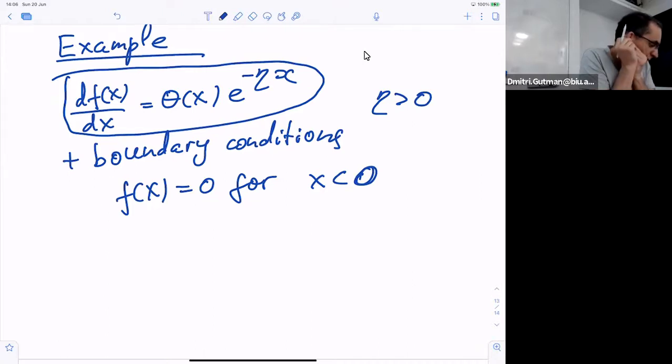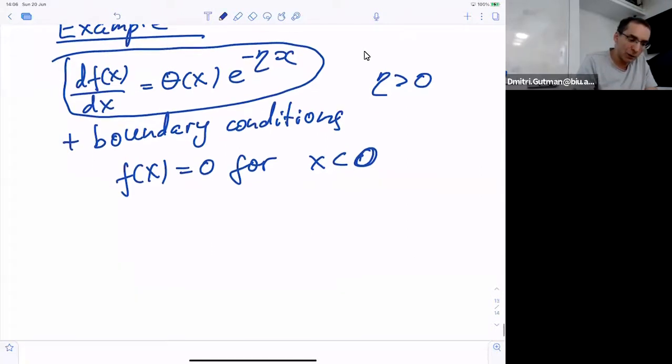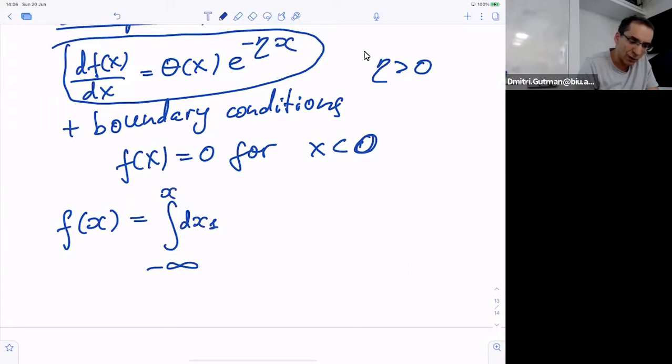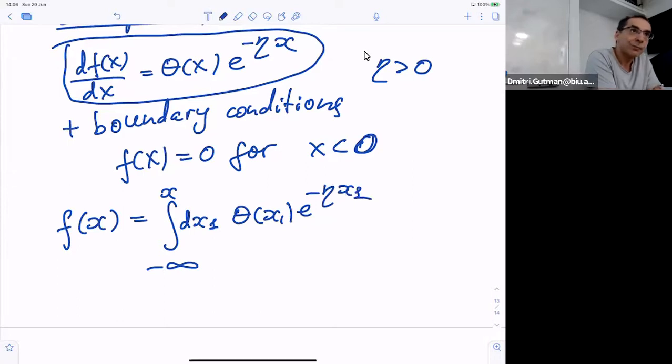Of course, the easiest way to solve this equation is just to solve it directly, because this equation is very simple. I chose it on purpose. So what is the solution that we normally do? We would say that f of x is an integral over dx1 from minus infinity to x of the thing that stays on the right-hand side of this equation, namely theta of x1 e to the minus eta x1. That's immediately the solution.